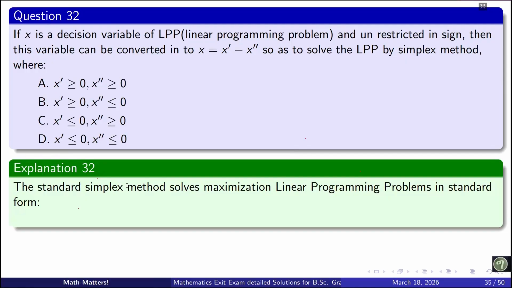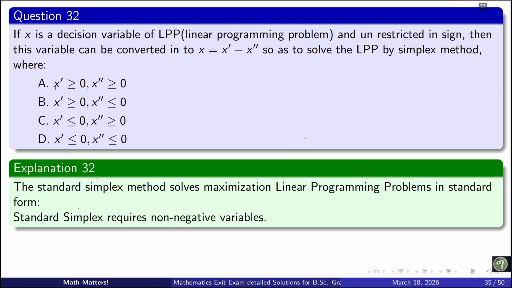We know that the standard simplex method solves a maximization linear programming problem in standard form. That is, the standard simplex requires non-negative variables. Therefore, we have to select from the given alternatives the non-negative variables.